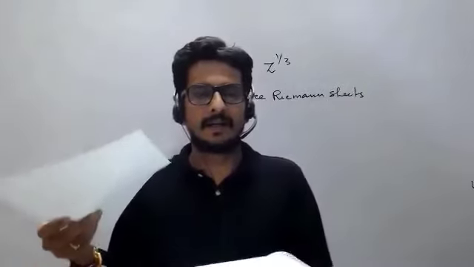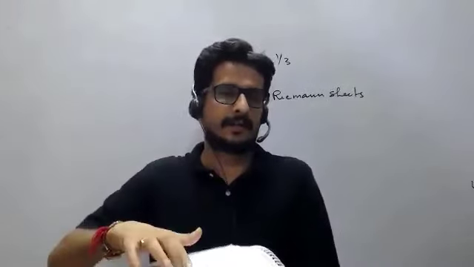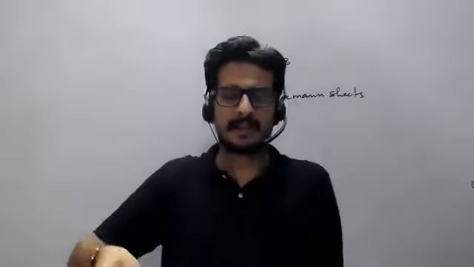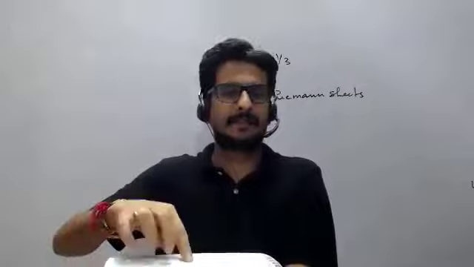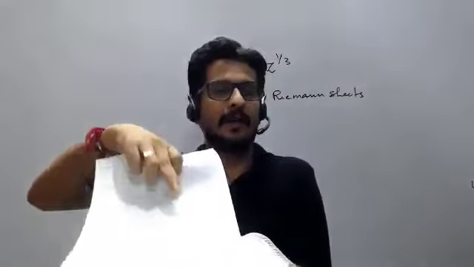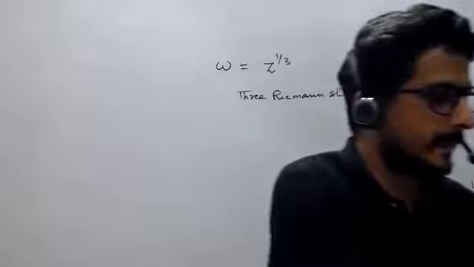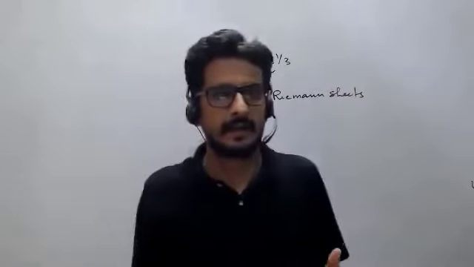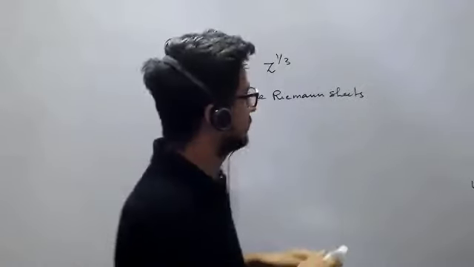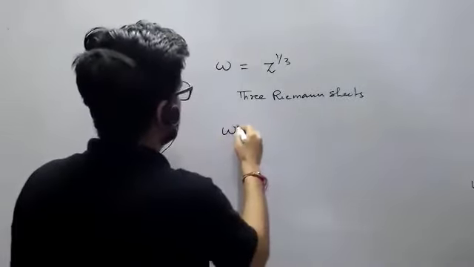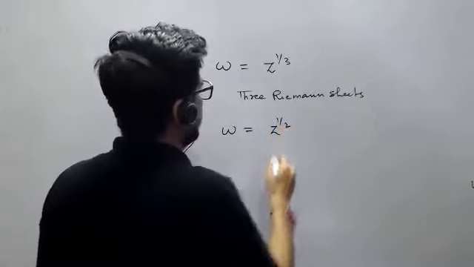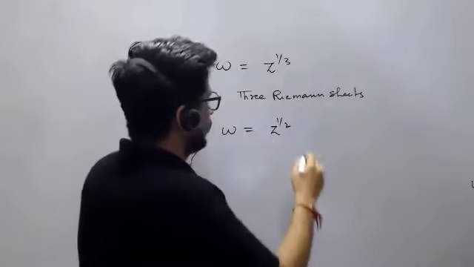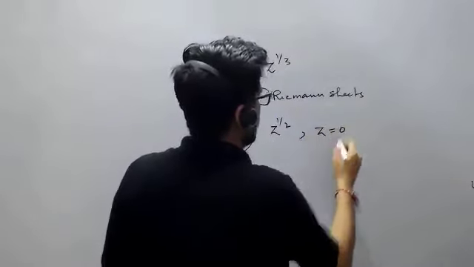They will be connected by a point. I cannot hold it like this, but you consider them as parallel, except that at the center point they are the same. Which point? z is equal to 0. So it is better to understand in terms of omega is equal to z to the power half. You have two sheets, but at z is equal to 0 the values are the same.